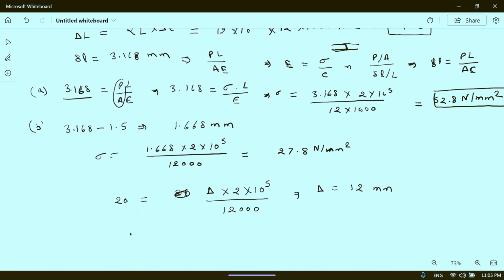So the total expansion was 3.168 and 1.2 is allowed. If we reduce 1.2, then 1.968 mm gap is required.